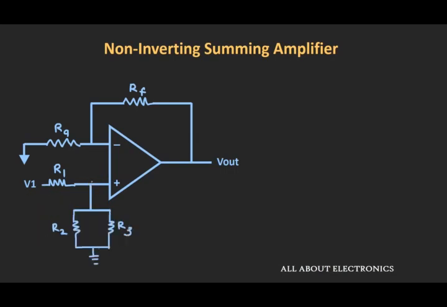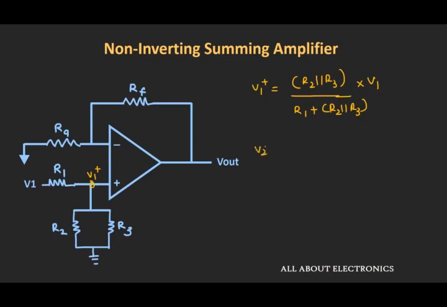So the voltage at this point, let us say, is equal to V1 plus. So V1 plus will be equal to R2 parallel R3 divided by R1 plus R2 parallel R3 times this voltage V1. So this is the voltage that you get at this point when this voltage source V1 is acting alone.